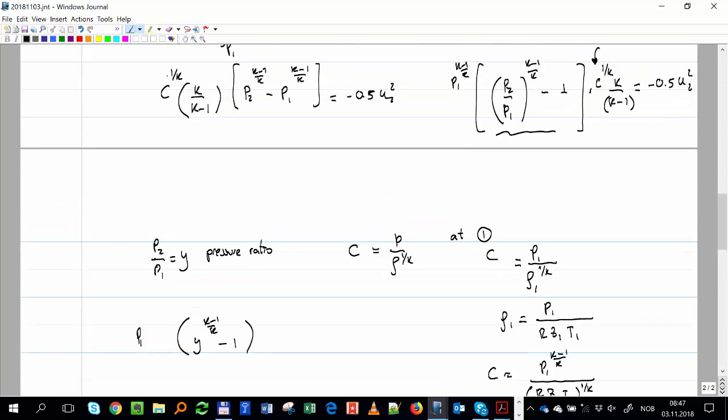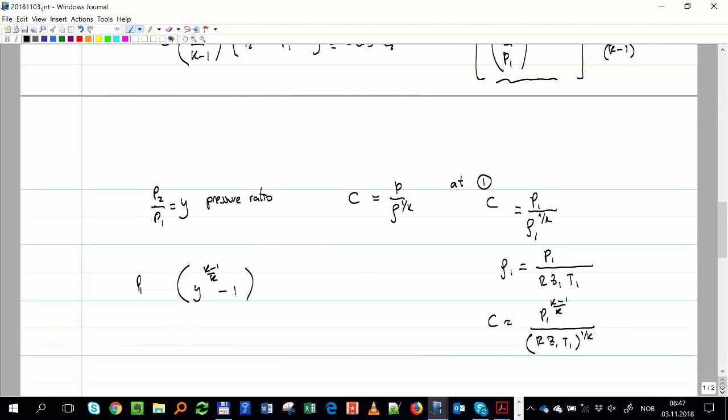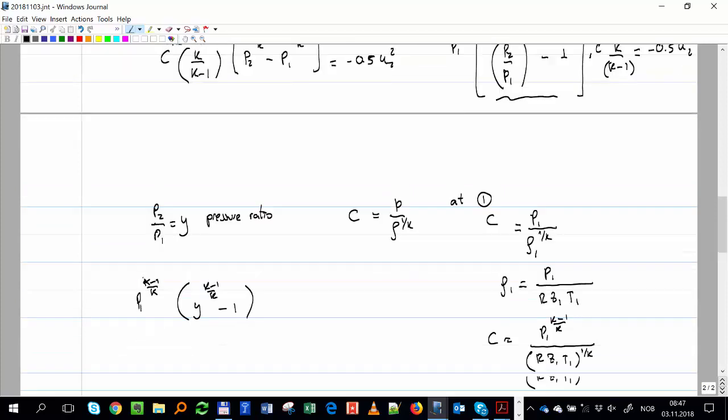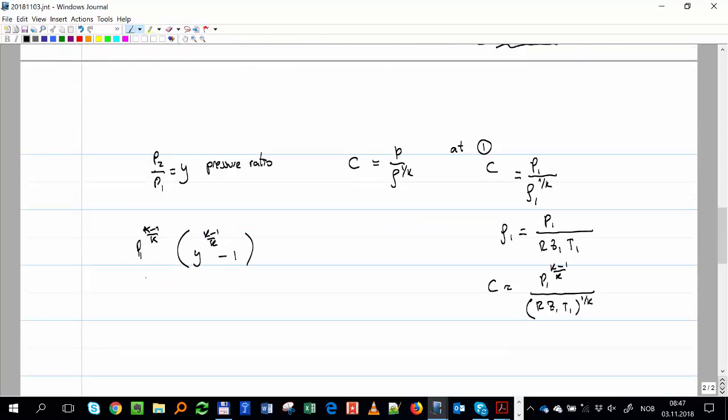This is this guy here. Now I have P1 k minus 1 over k. And then I have C 1 over k, which is, I think this expression is not correct. I think I have something wrong here. Is this expression correct?